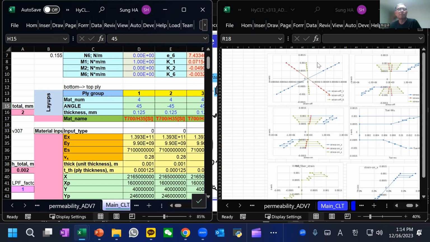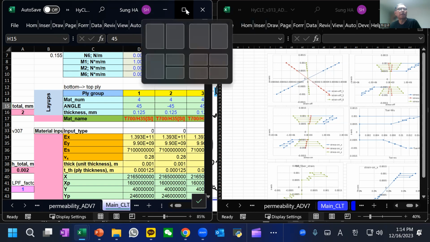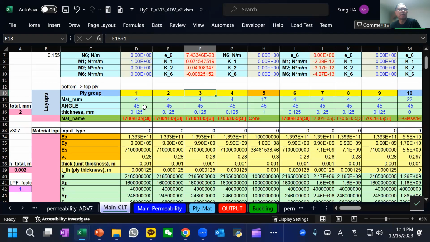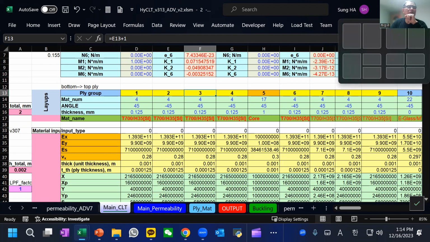The top skin will be subject to compression, and then in direction one and direction two we have certain stresses, and there is a slight shear there. Yes, right. Shear can be generated because it's under compression. That's right. And even the bottom one is the same thing.